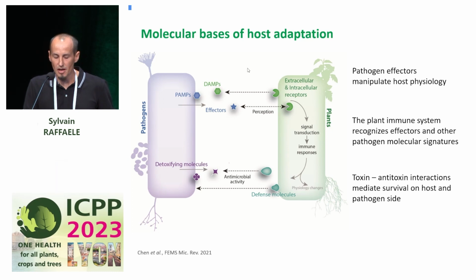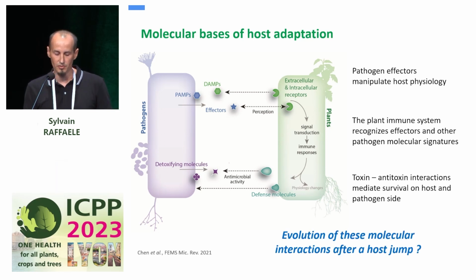So in summary, you have several molecular dialogues taking place between these two organisms. And you can imagine that when the host population changes, this whole pattern of molecular dialogue is completely changing too. So this is one of the questions I'm very much interested in, trying to understand how these dialogues evolve after a change in host.